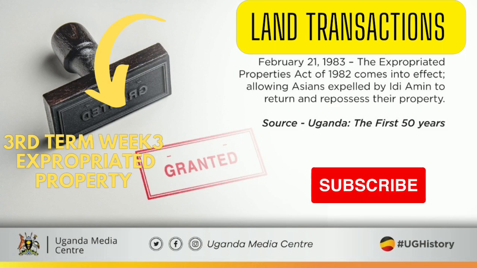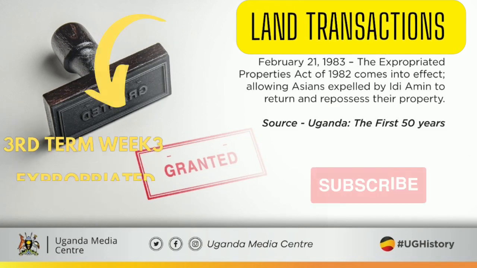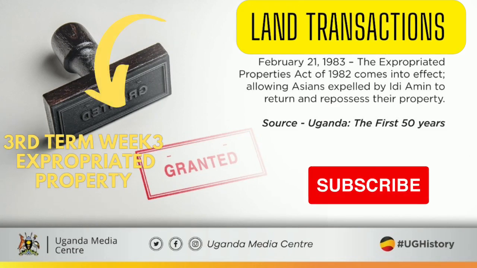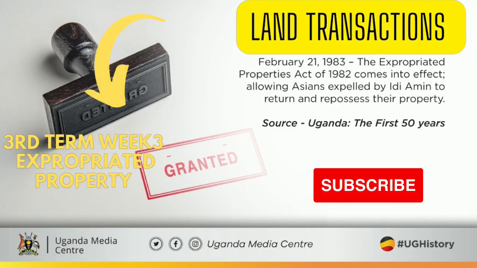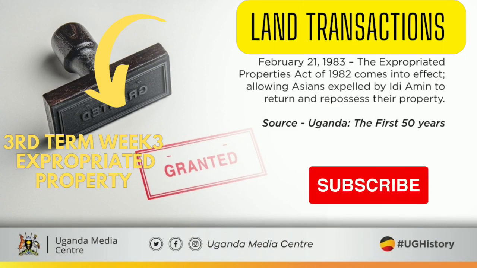Then, after revesting the properties in the hands of the government, it realized that a lot of people had transacted on this property without authority, because the first act never clearly told people how to deal with the property. It just vested.